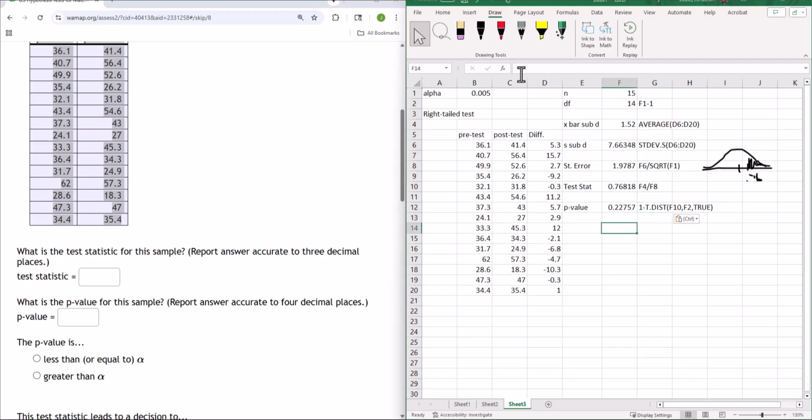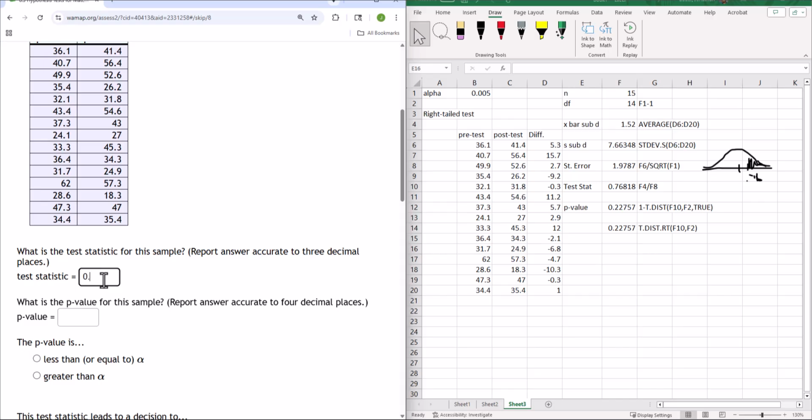Again, if we want to be fancy, there is a T.DIST.RT function for the right tail. Click on our test statistic, comma, degrees of freedom, and it just pops it right out for us. I like the first one a little bit more because it connects to what we've been doing a little bit better, but it's not a big problem no matter how you like to solve this one.